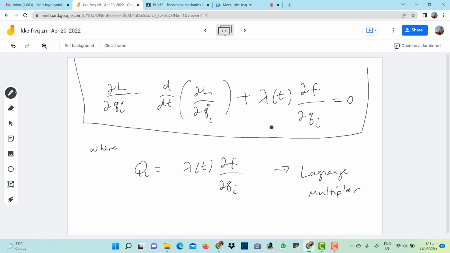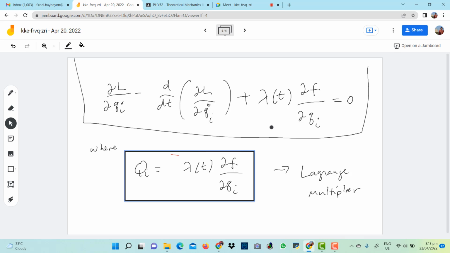Okay, so depende na lang dayon kung pila ka generalized coordinates nimo, no? Say for example, if I have two generalized coordinates, then you also have two equations, with respect to Q1 and with respect to Q2, okay? So, first you need to set up the equation of constraints, and then lantawan mo kung unsa mga coordinates ang imong equation of constraints.